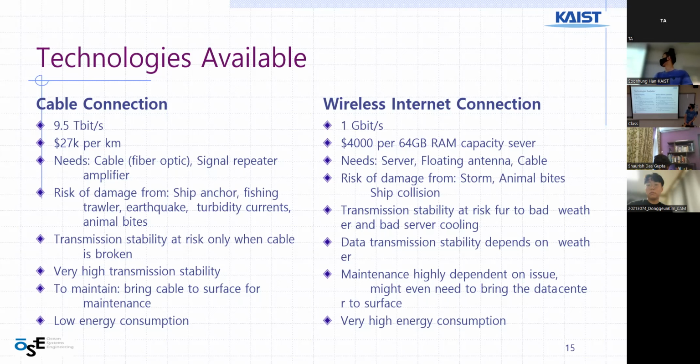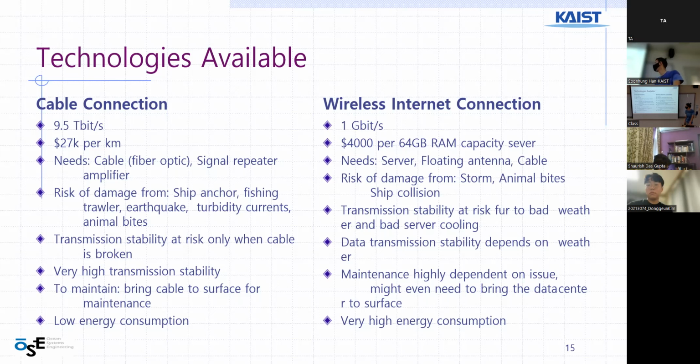But for wireless internet, in bad weather there is a transmission stability risk, which is why it is very dependent on the weather for transmission. To maintain the cable connection, they can just bring the cable up to the surface.